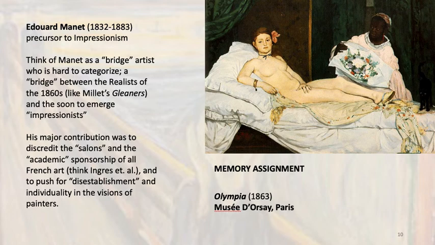But there's a sense with Manet of undoing and discrediting the salon. So in this painting from 1863, he was basing this idea on sketches he made outdoors, but he also then painted models in his studio. And his major contribution, I said, was to discredit the academic salon and to disestablish and create individuality for painters.